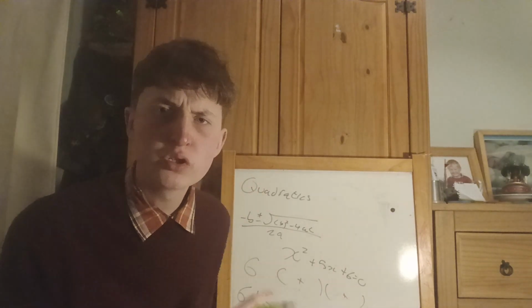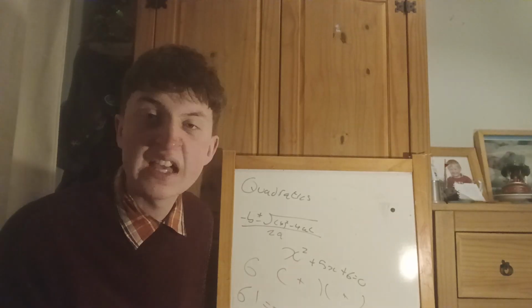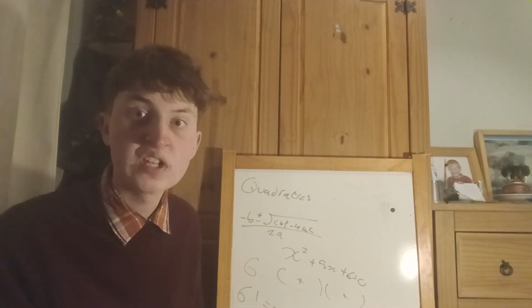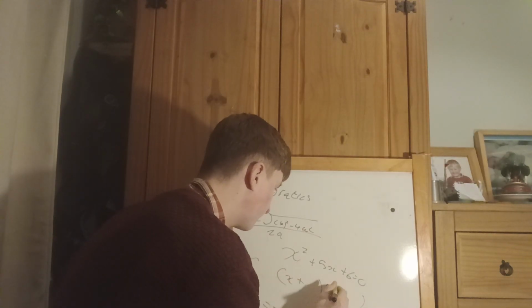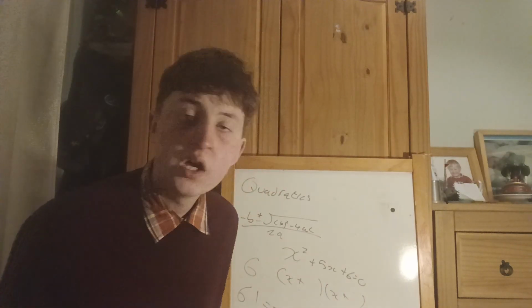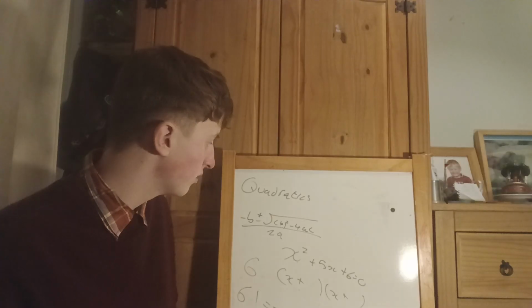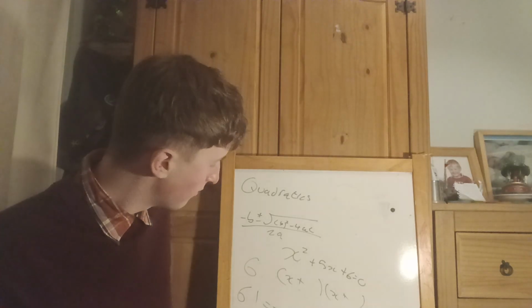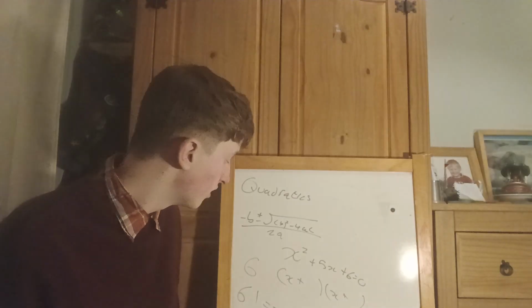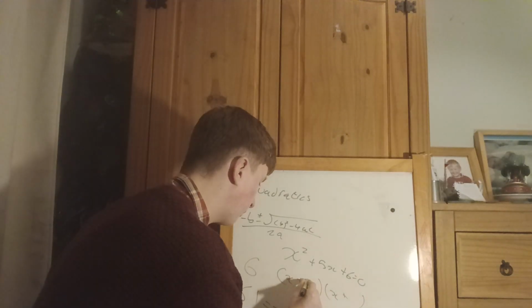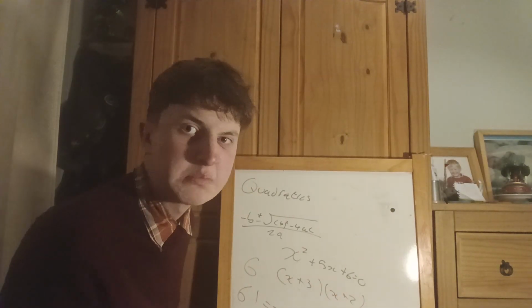Now, what two things multiply together to make x squared? We know that will be x and x. So in both of our brackets, at the start, we put x and x. Now, we've got half of the bracket done, but we've already got our other two numbers from doing the factors of 6. So we put in 3 and 2. It doesn't matter which order they go in.